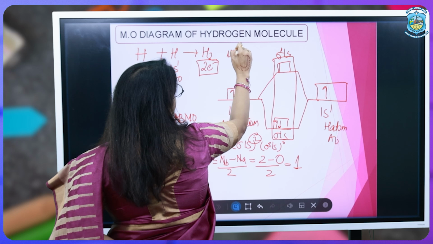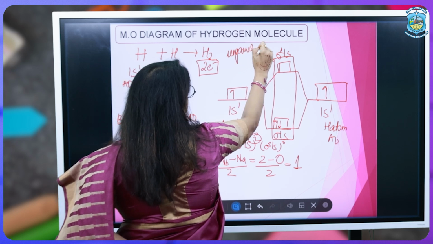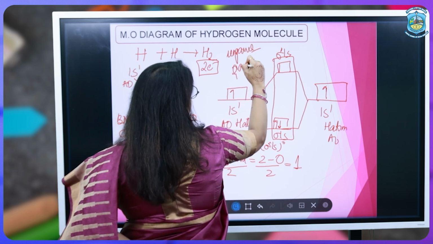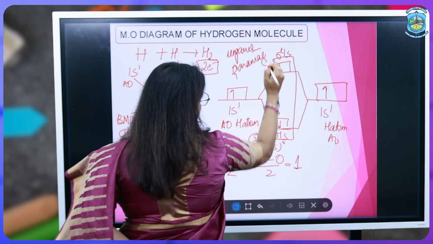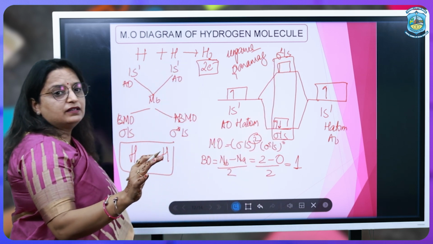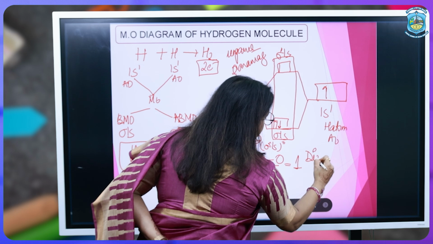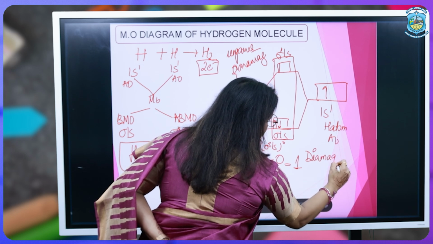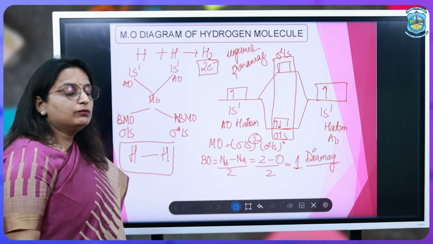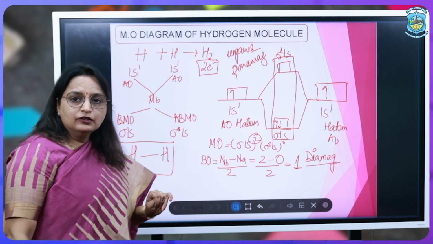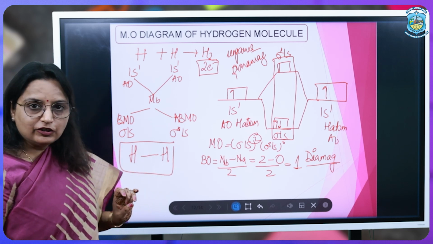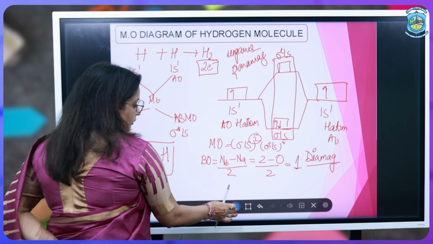If you have any unpaired electron, then it is paramagnetic, and if all the electrons are paired in the molecular orbitals, then it is diamagnetic. From the diagram you can see that all the electrons are paired, so it is diamagnetic in nature.